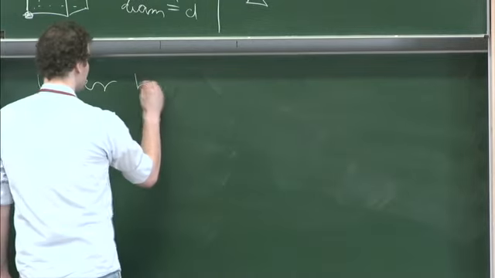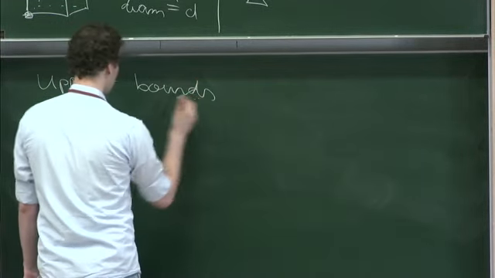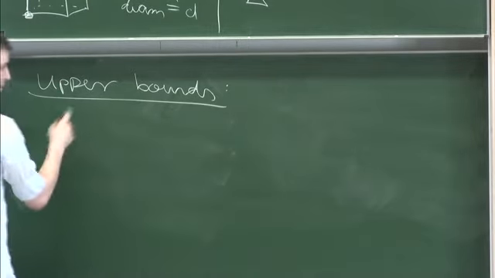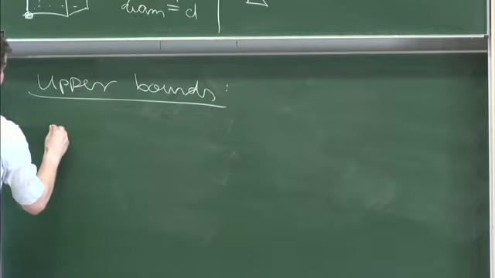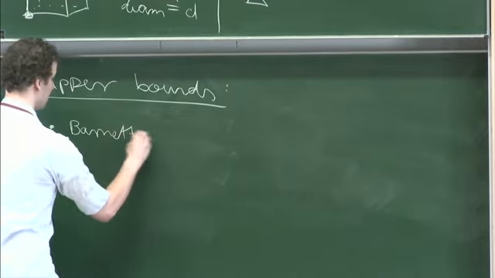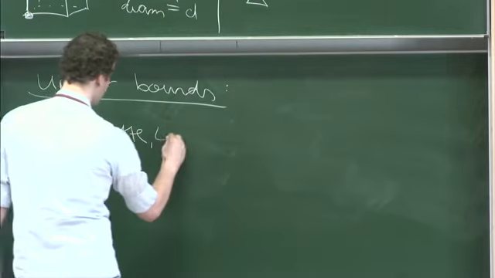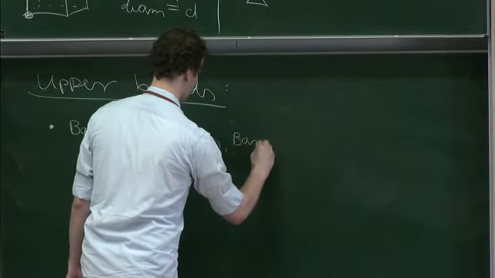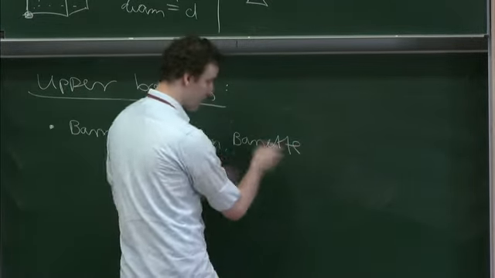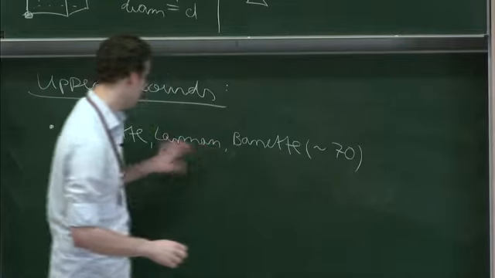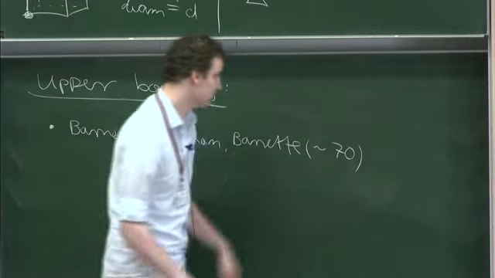So upper bounds, there are basically two of them. So upper bounds on the diameter of polytopes, namely, the first one was due to Barnette, and it was improved by Larman, and then again by Barnette in a series of 3 papers around 1970. So Larman's paper was from exactly 1970.